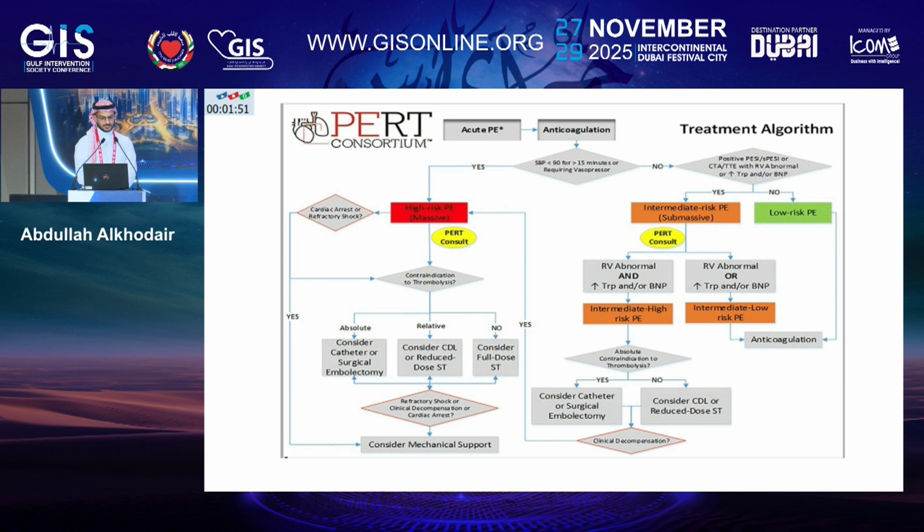And then if there is any evidence of shock, then the patient goes right away into the left-hand side of the algorithm, and the high-risk PE algorithm should be followed. If they don't have any of the immediate signs of hypotension, then further risk stratification should occur. And then again, the PERT team should decide where to go from there.